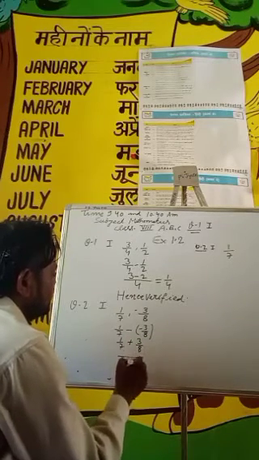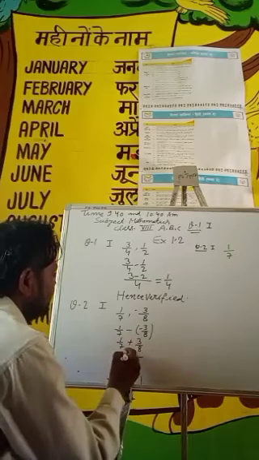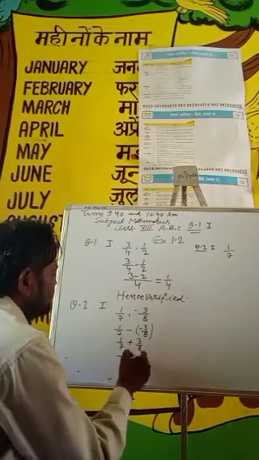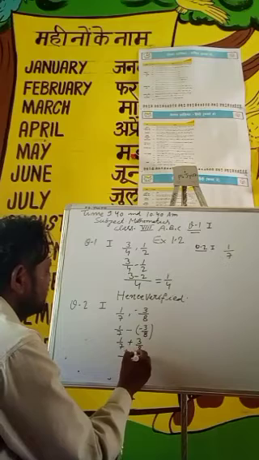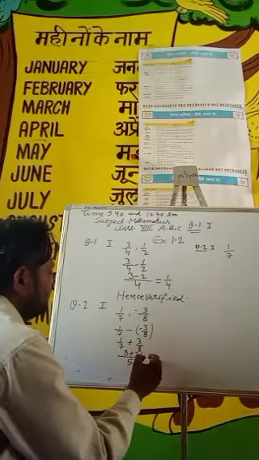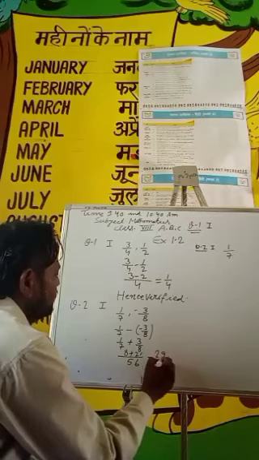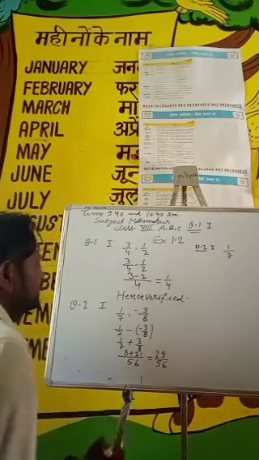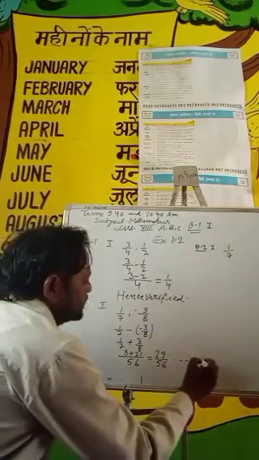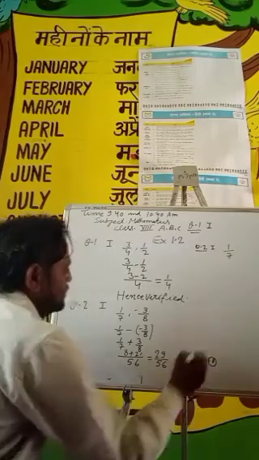The LCM is 56. 7 8s are 56, 8 1 is 8, plus 8 7s are 56, 7 3s are 21. This is equal to 29 upon 56. This is equation number first.